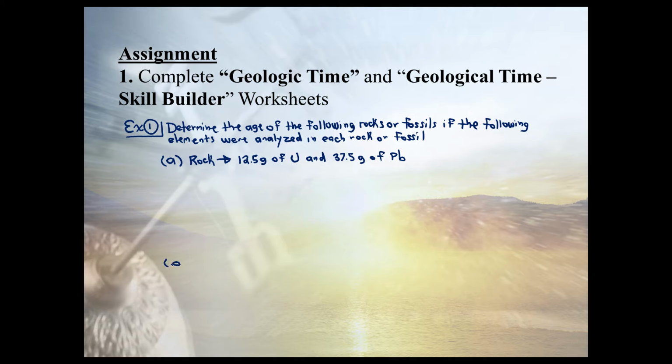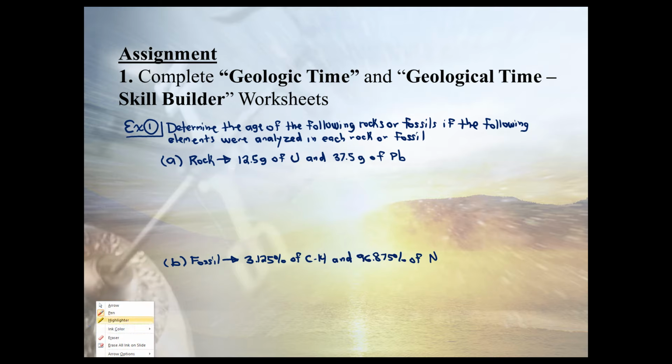And the second one, we're going to say we dug up a fossil. Instead of using masses here, I'm going to use percentages. So we'll say that we had 3.125% of carbon-14 and 96.875% of nitrogen. Okay, let's go to a different color to do this.